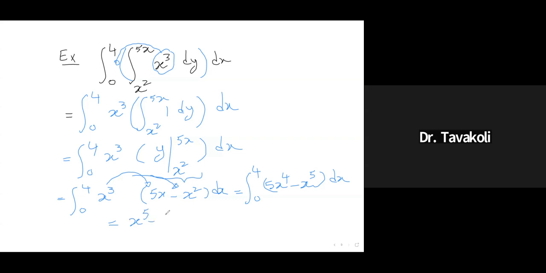Antiderivative of x to the 5 is x to the 6 over 6. And I need to evaluate at the limits of the exterior integral. So I evaluate this at 4 minus this evaluation at 0. At 0, it's 0. At 4, 4 to the 5 minus 4 to the 6 over 6.